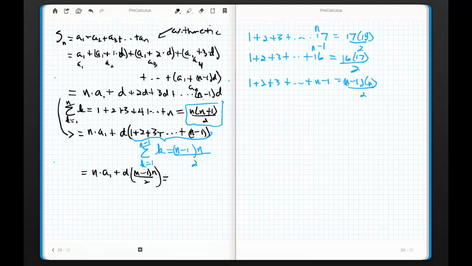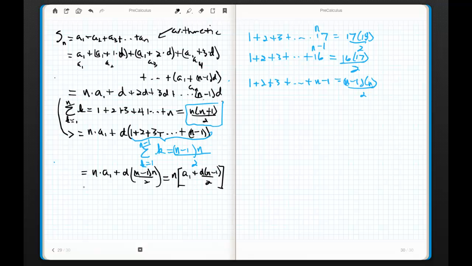Another way to write this is, because they both have n's in them, notice that, n times a sub 1 plus d times n minus 1, over 2. So notice what you need to make this formula work. I need n, I need a sub 1, and I need d.